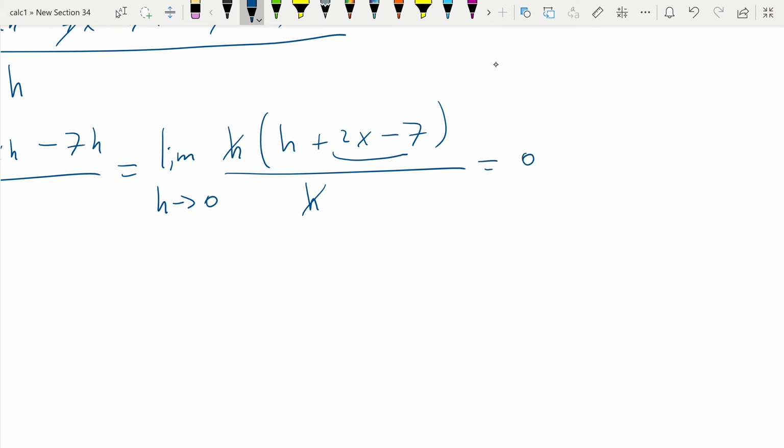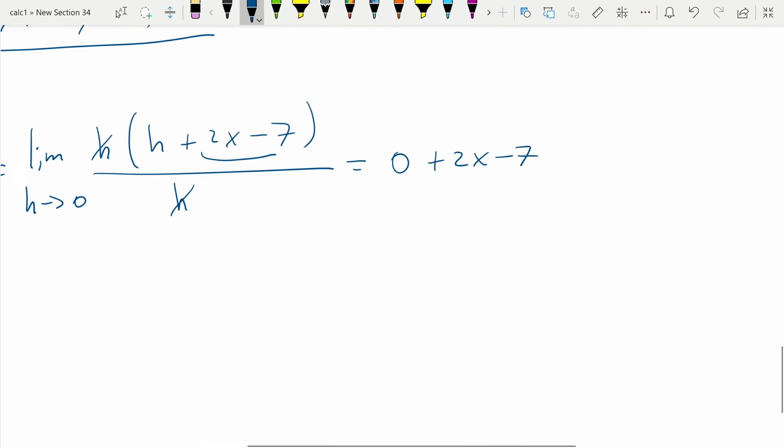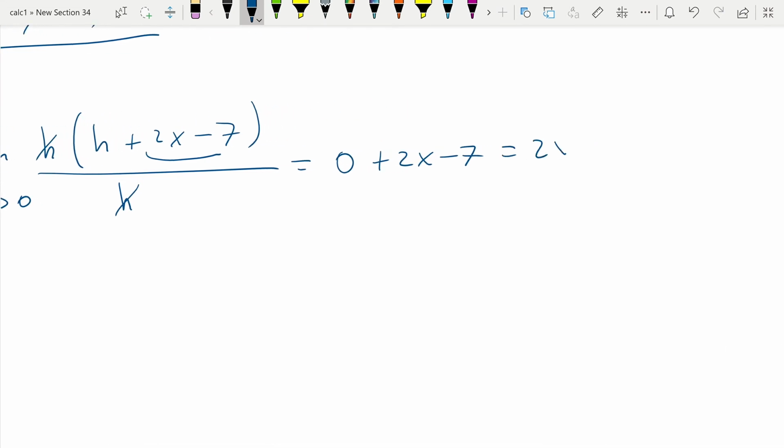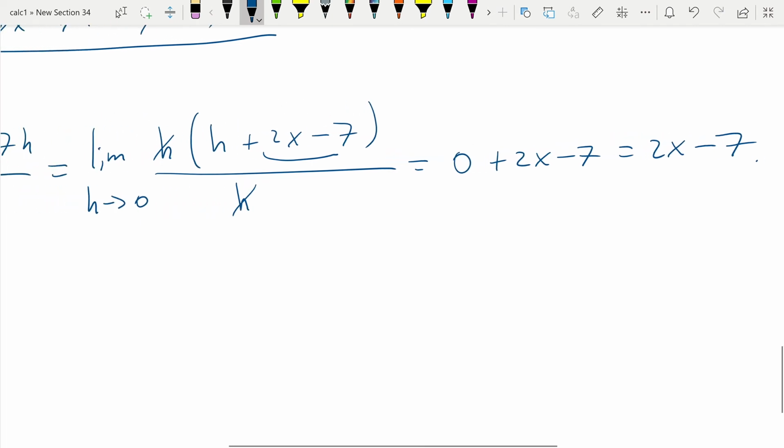So we are just left with 0 plus 2x minus 7, which is in the end just 2x minus 7. And that's the final answer.